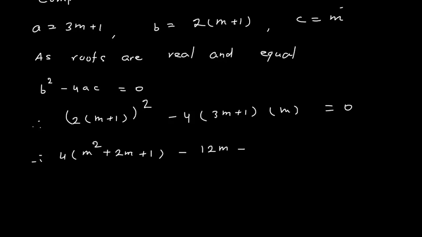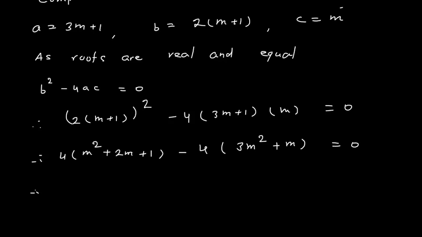Sorry, what we should do, we should multiply these two brackets first. So it is minus 4 into 3m square plus m, this is equal to 0.